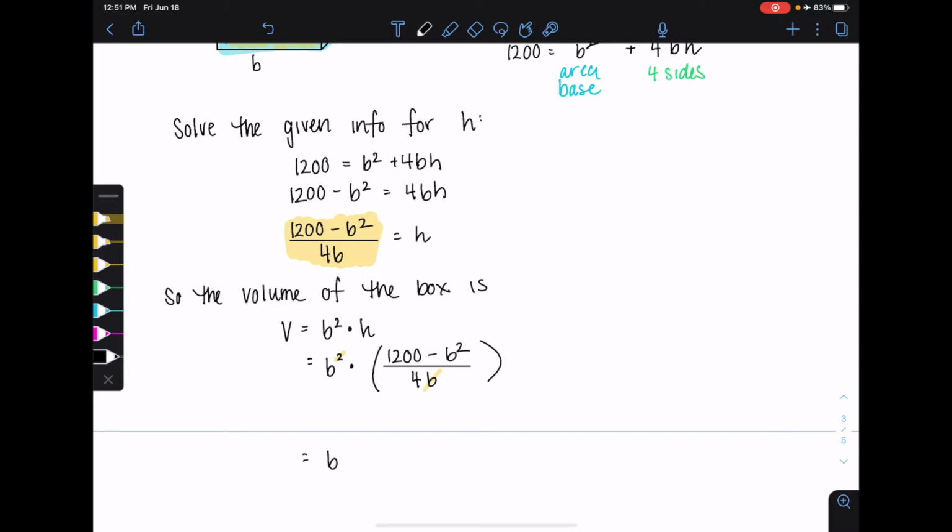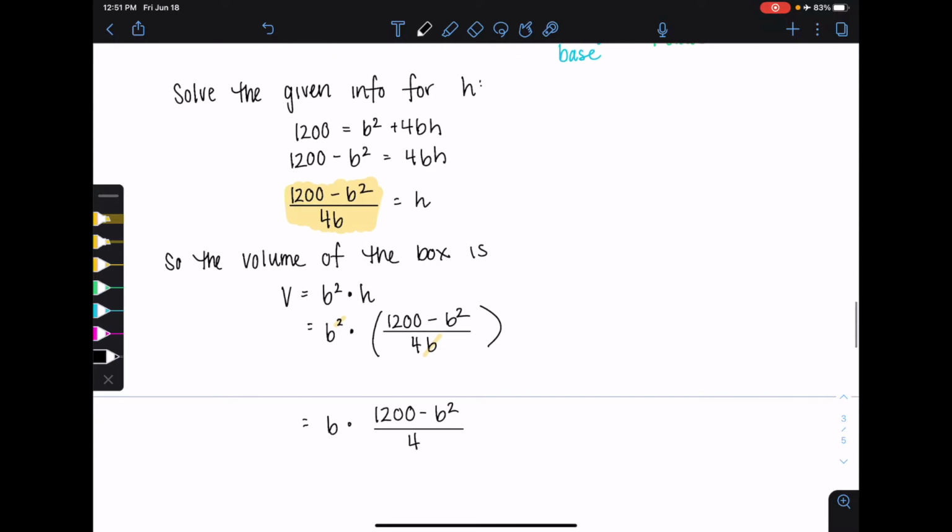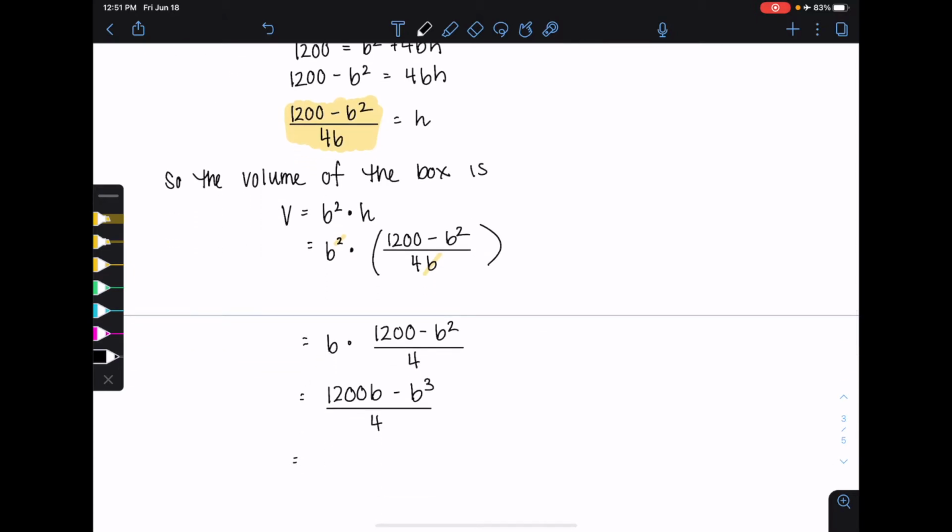So our volume is b times 1200 minus b squared over 4. Distributing out that b will be 1200b minus b cubed over 4. And I want to take a derivative, so I might as well divide each of these by 4. That's 300b minus 1/4 b cubed.